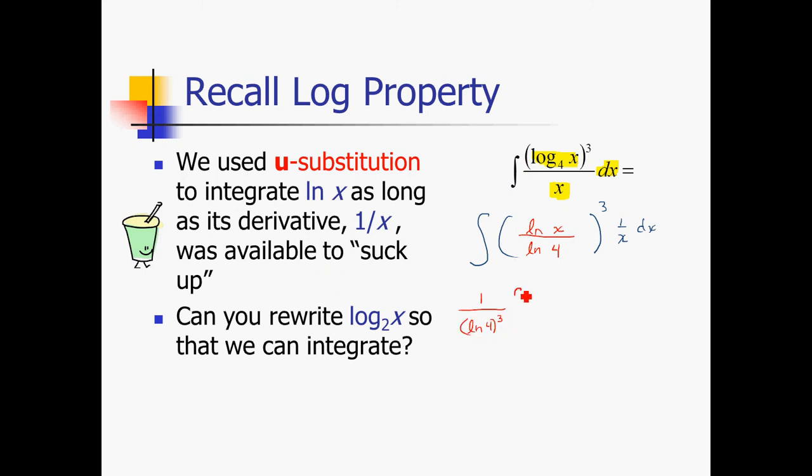Cubed. And now I have the warm-up problem again. Ln of x cubed left inside the integral, but its derivative 1 over x dx there as well. This is a very specific case. It's just AP likes it. So now this is my u, and this is my du.